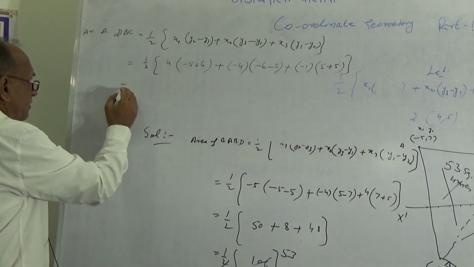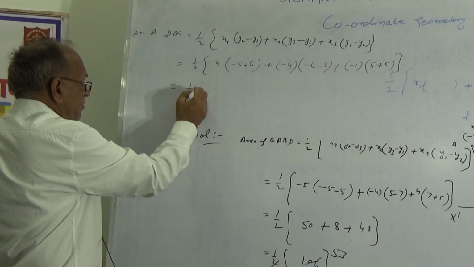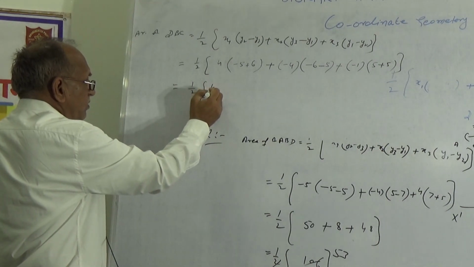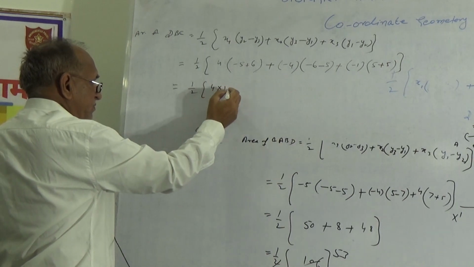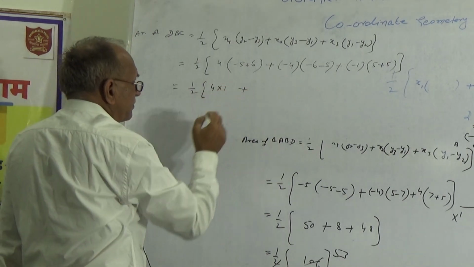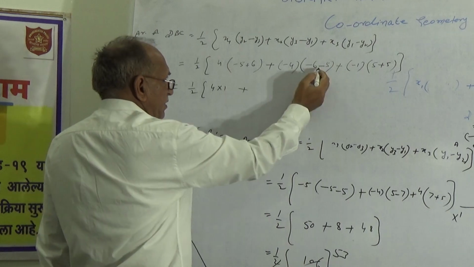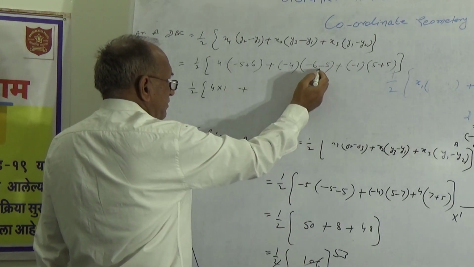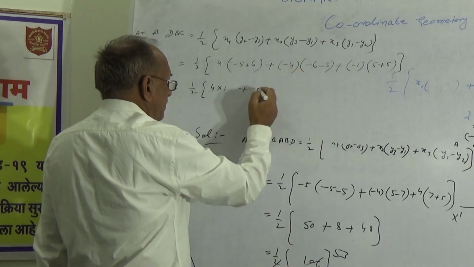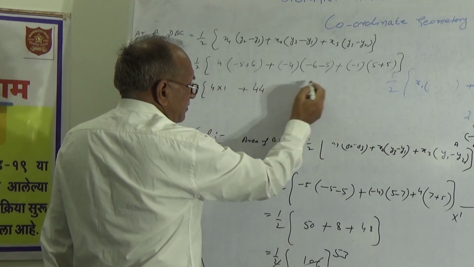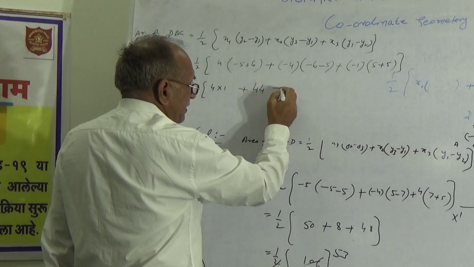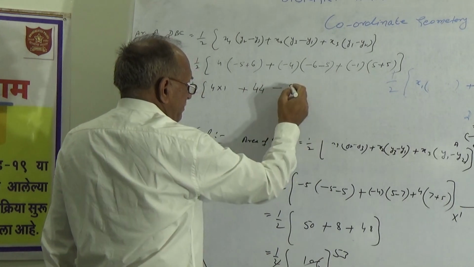Now we further solve 1 by 2 4, 1, plus minus 11 or minus 4 plus 44, plus and minus 10.